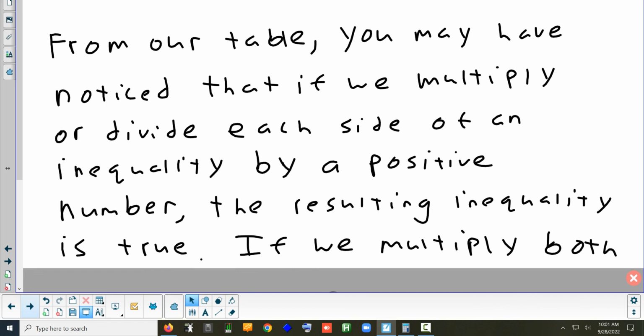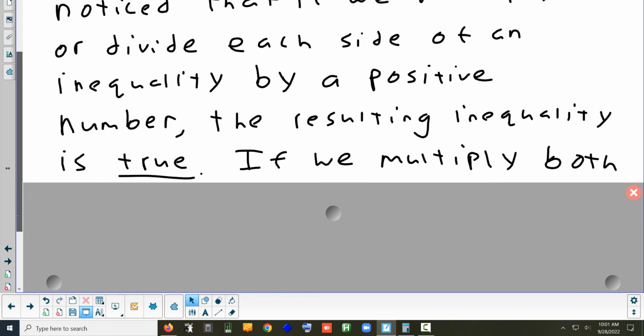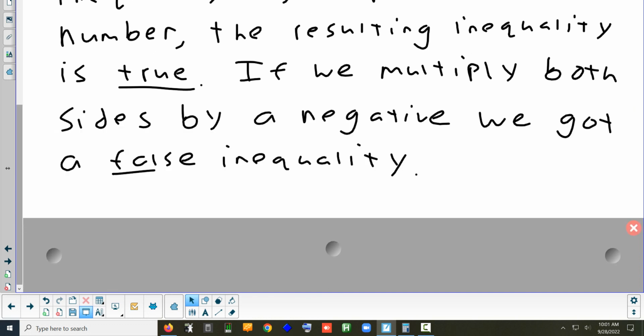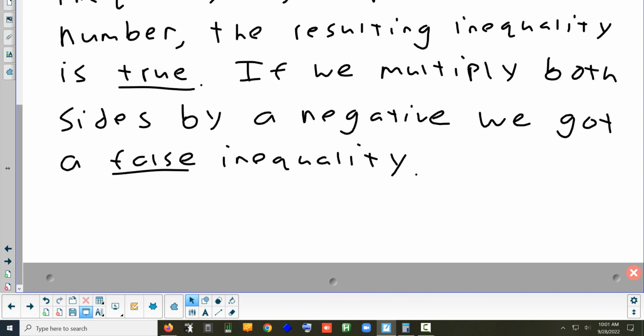We ended up with something that was true. But when we multiplied or divided by a negative, we got something that was false. So we have to fix that, and that's going to be the next thing we write down on the guided notes.